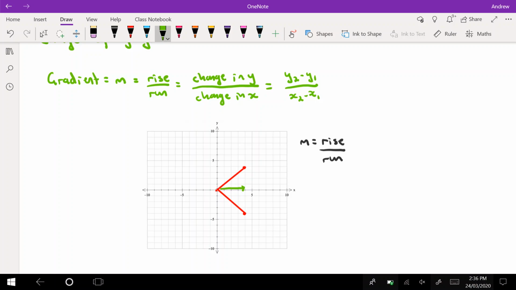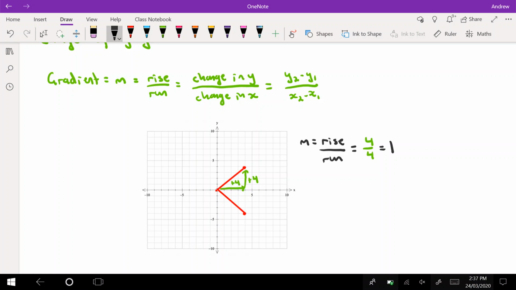If we can zoom in, I've gone how many units across to get to that endpoint? 4. I've gone 4 across. Then I've gone 4 up. My rise is 4. My run is 4. So rise over run is equal to 4 over 4, which is equal to 1. So the gradient of that top line there is just equal to 1.